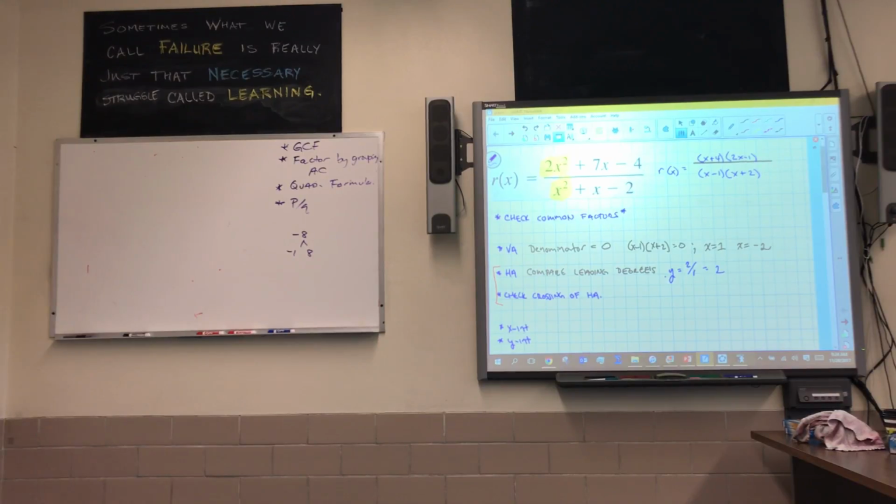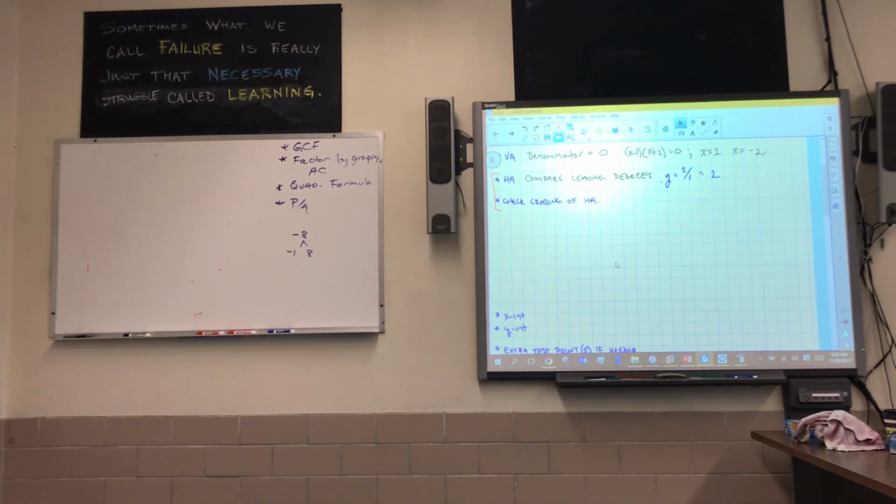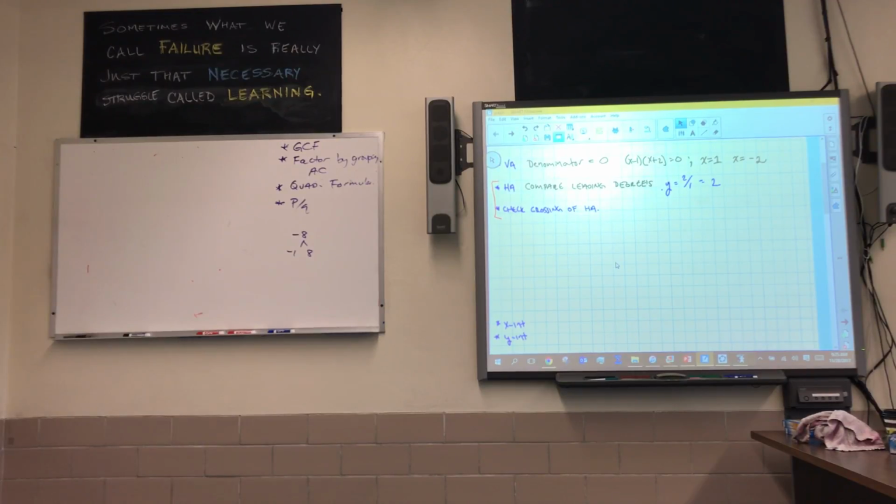All right. The next thing we're going to do, and I think this is actually the hardest part of this entire process, because of some of the results that we get. We have to understand what they mean for us. It says check crossing of horizontal asymptote. We talked about it yesterday. If we want to figure out where 2 lines intersect, think back to algebra 1.